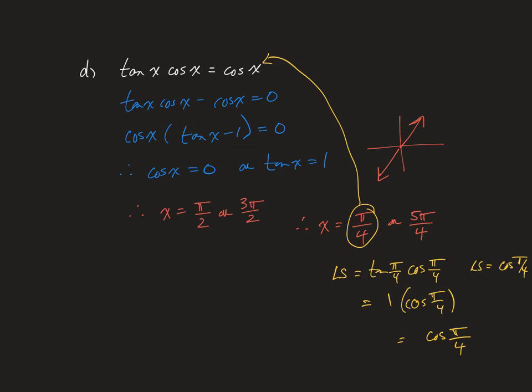Well now, what if I took pi by 2 and I subbed it back in? I calculate tan of pi by 2 on my left side times the cos of pi by 2, and my right side is the cos of pi by 2. And so the cos of pi by 2 on the right side is 0. I like that. The tan of pi by 2, oh, wait a second.